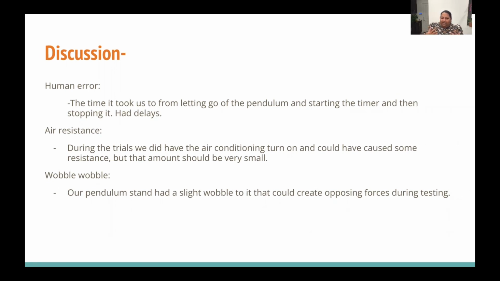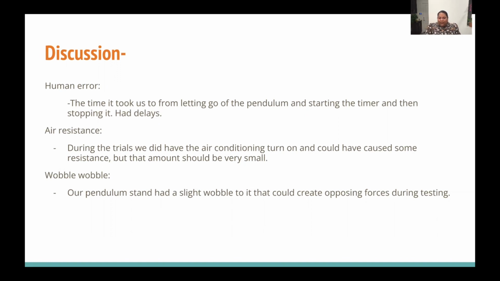Even in a trial where one person was letting go of the string and the other person was doing the timer, that actually had an even higher percent error because of the time it took for one person to convey the message to the other person and then press the timer. So there was definitely room for human error.